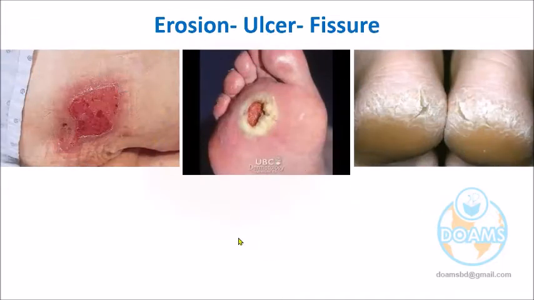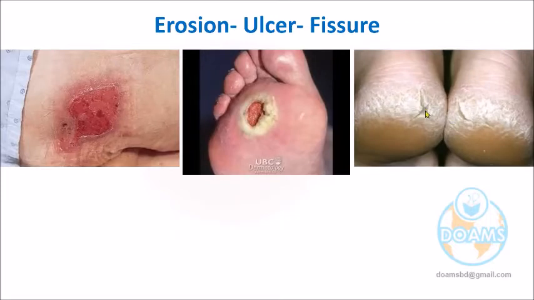Now come to some appearances of depressed lesions. If it is only involving the epidermis, this is erosion or abrasion. If it is a dip like this, it is an ulcer. If it is only crack-like, it is a fissure. Nowadays, in the winter season in South Asian countries, in many parts, skin becomes dry and fissured like that.